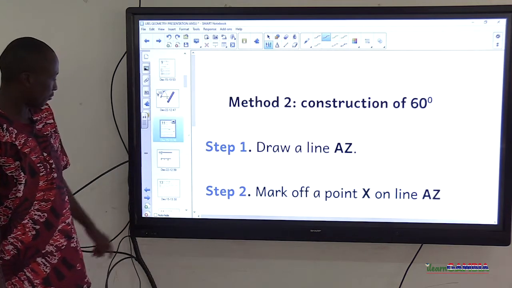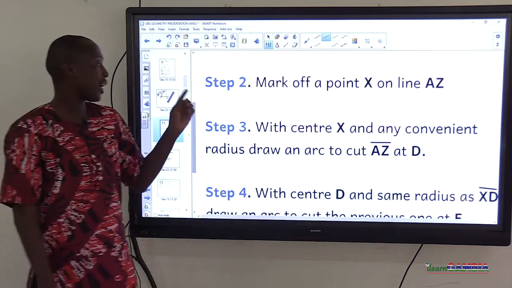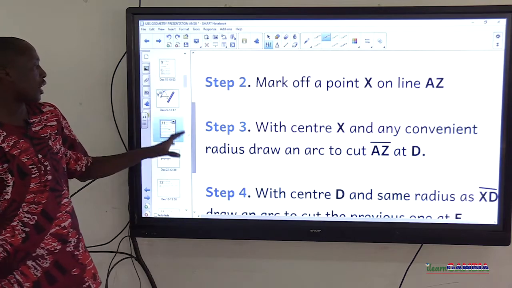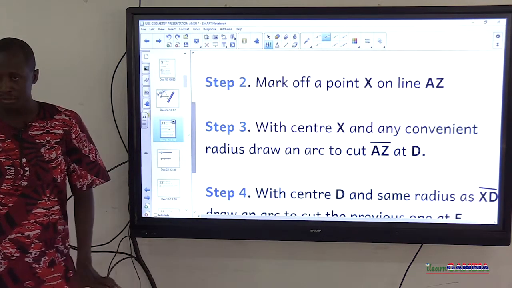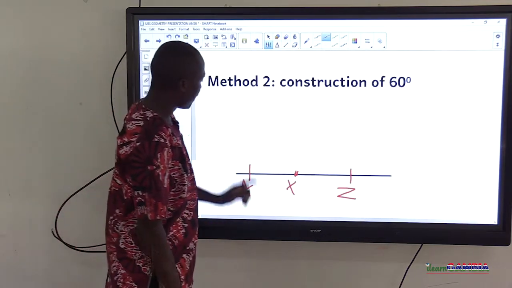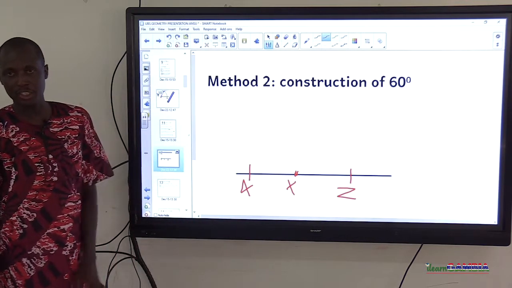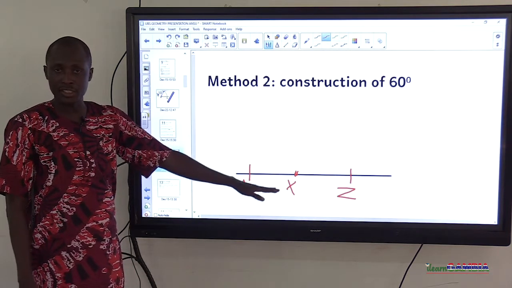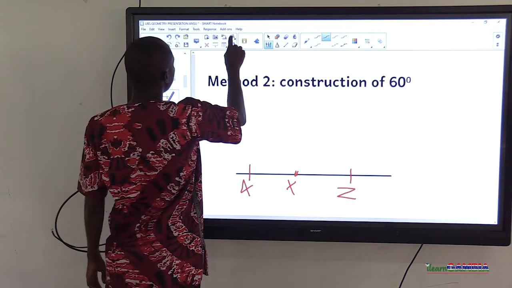Step 3 says with center X and any convenient radius, draw an arc to cut line AZ at D. That's what we do. So we take our compass.